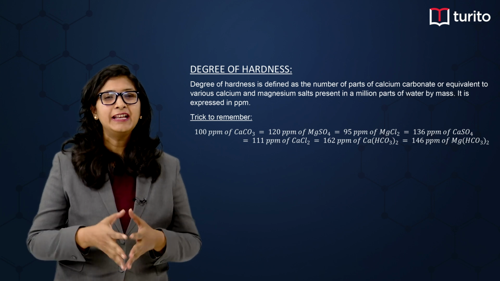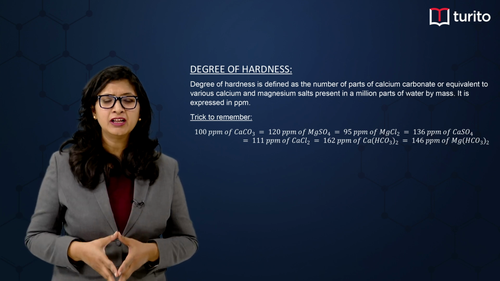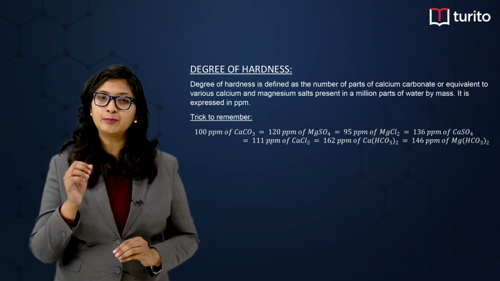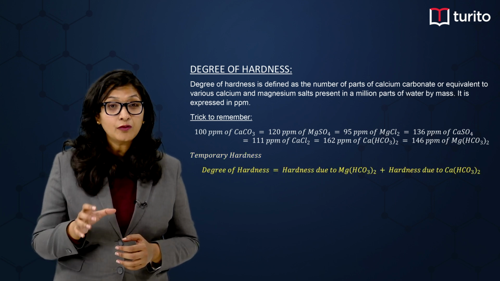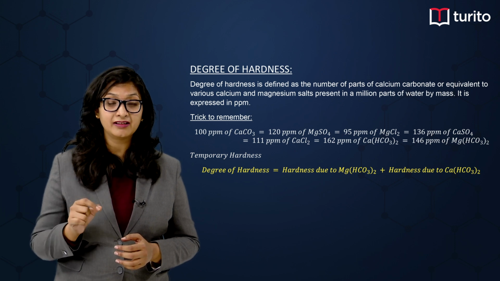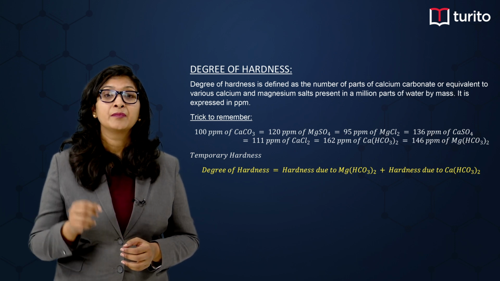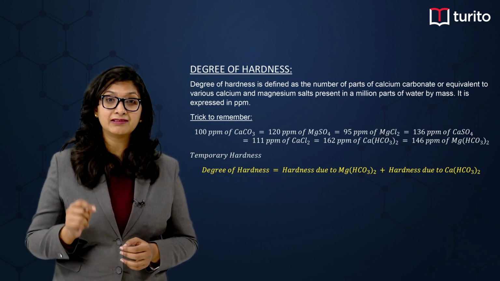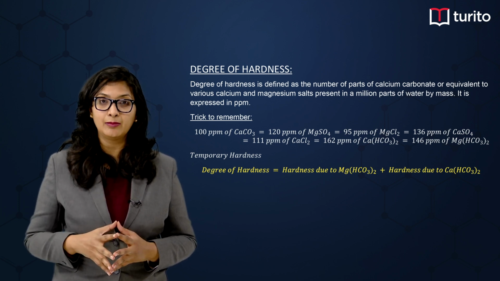Now before going into the question, let me tell you how to calculate the temporary as well as permanent hardness too. The degree of hardness for temporary hardness will be equal to the hardness due to magnesium bicarbonate plus hardness due to calcium bicarbonate.